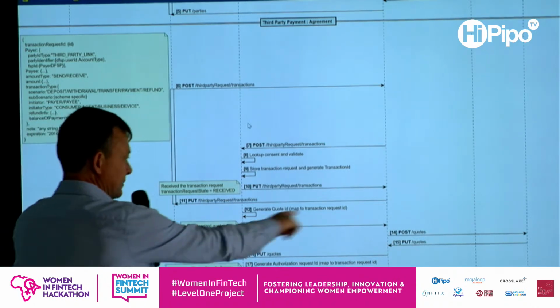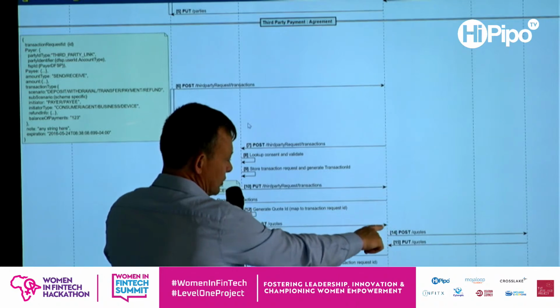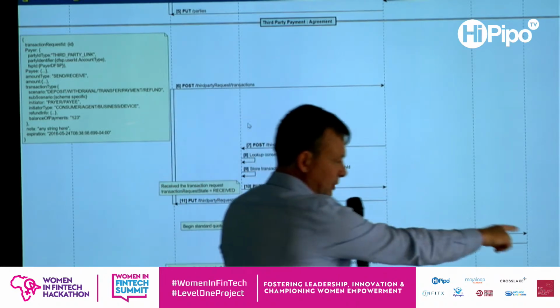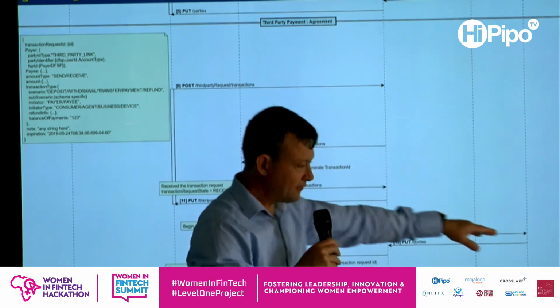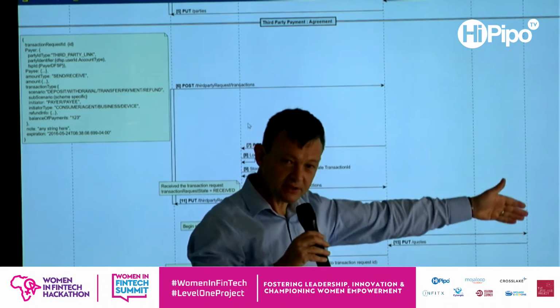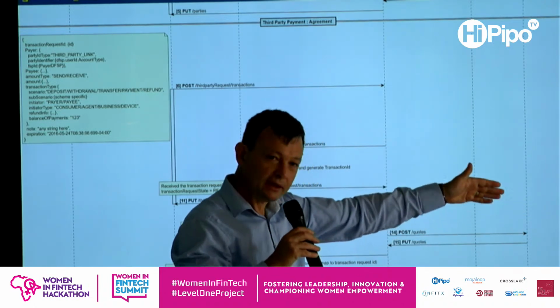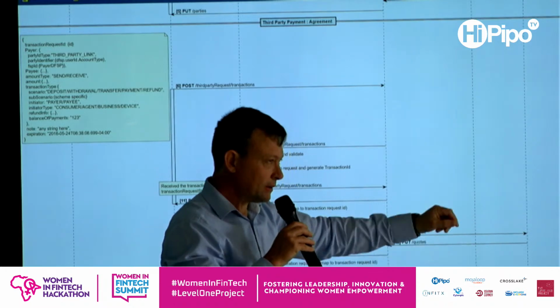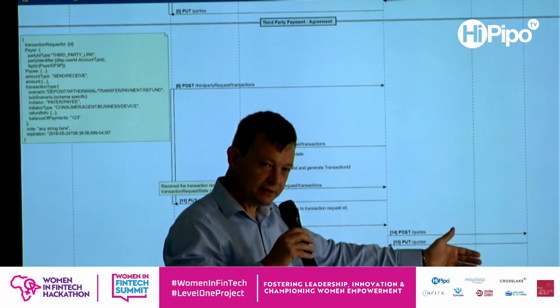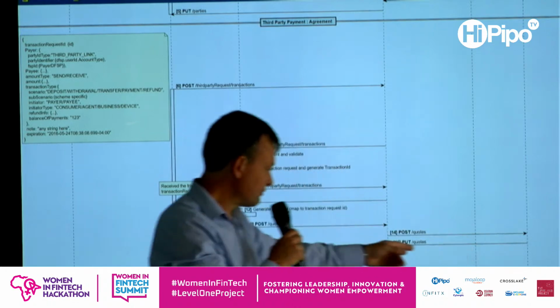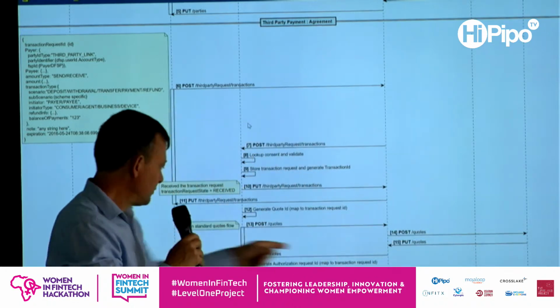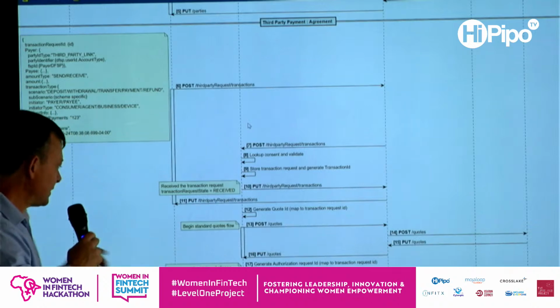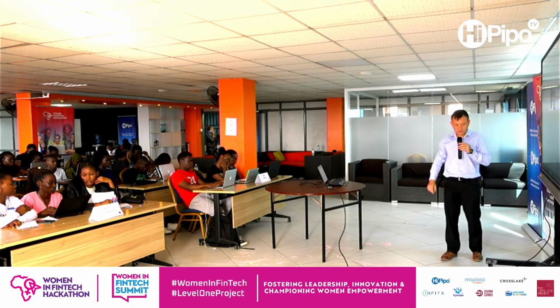So it sends this message to Mojaloop, which then forwards it on to the payer FSP, and the payer FSP then looks it up, checks that your accounts are valid, calculates the fees, and returns the result through Mojaloop.